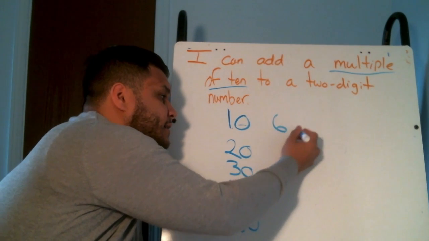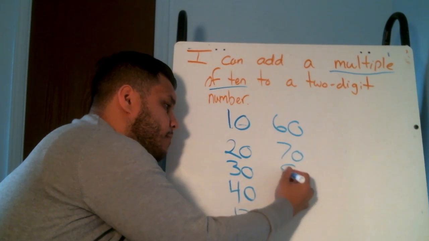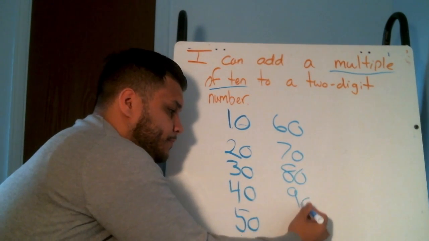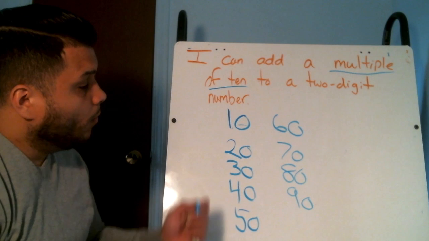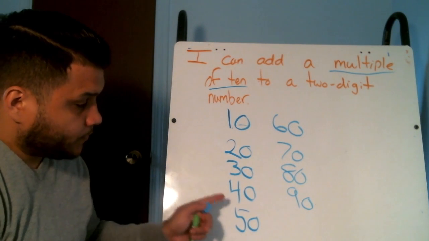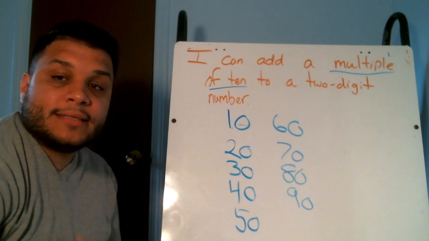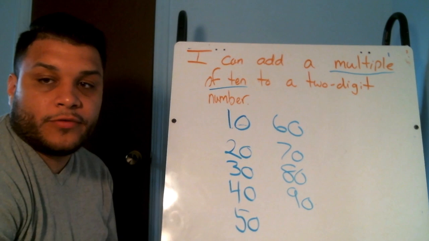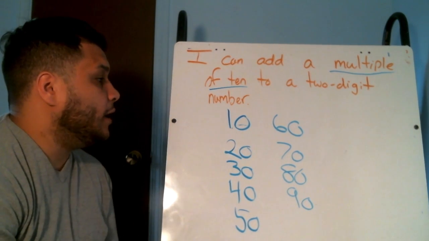Then we have 60, 70, 80, and I'm going to stop at 90. All of these numbers we got by adding 10 over and over and over again. So it's a multiple of 10.